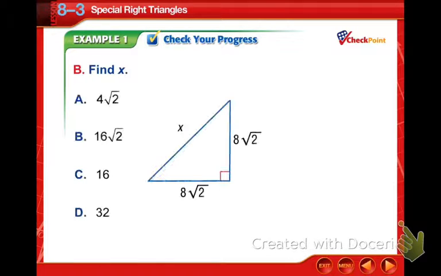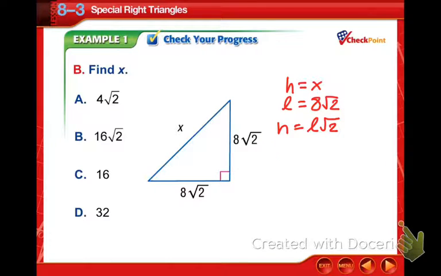Next question is just like the second one we did. So we have our square root 2 inside of our legs. So again, H is equal to X. L is equal to 8 square root 2. H is equal to L times square root 2.